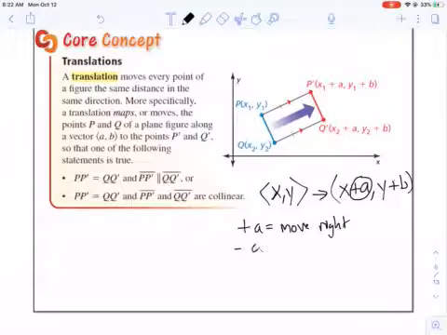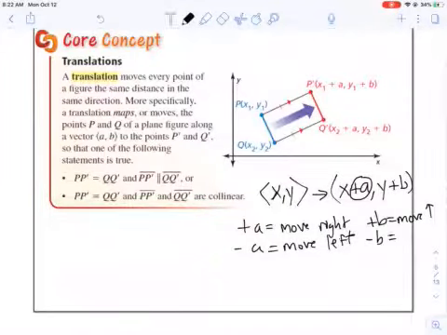If it's negative, we move left. And then same thing with the B, but since we're talking about Y's, a positive B means move up, and a negative B means move down.